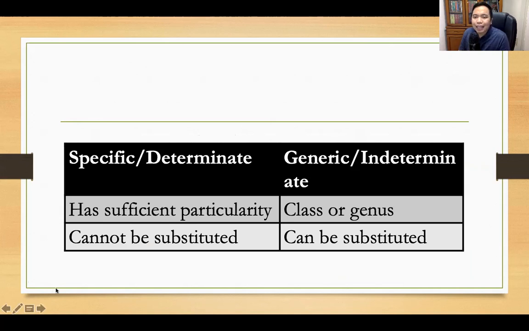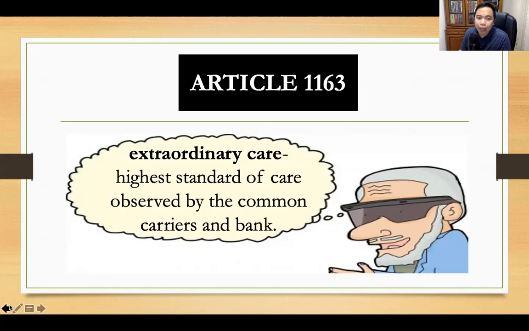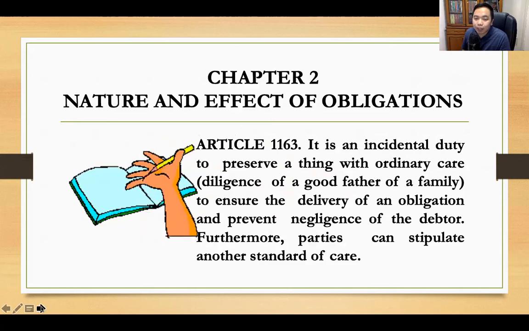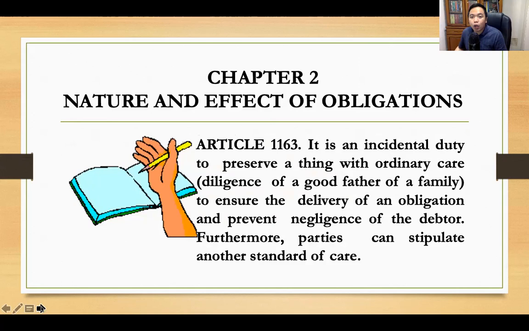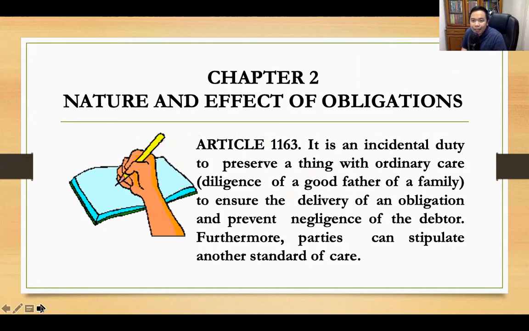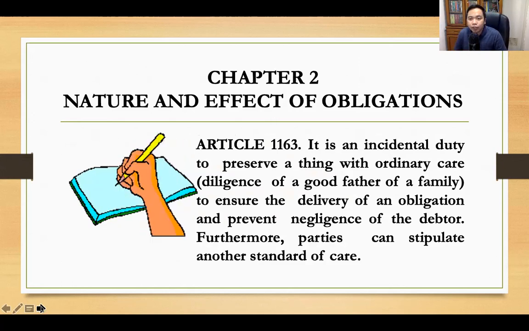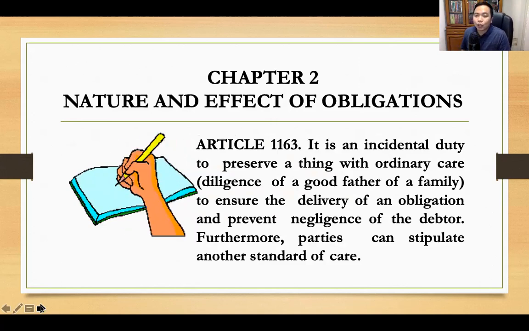Class, take note that Article 1163 will apply only in case the object to be delivered is a determinate or specific object. Because class, there are two kinds of object. It can be specific or determinate, or it can be generic or indeterminate.